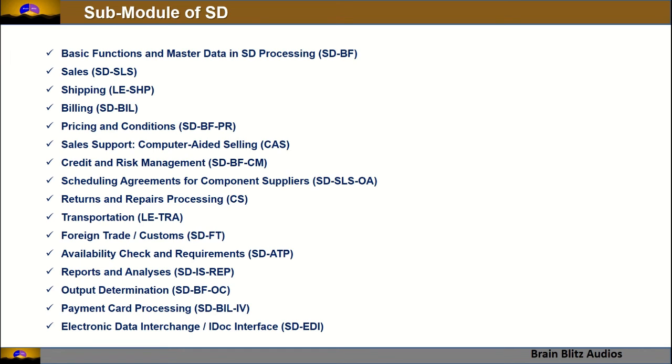Then we have the next submodule, which is scheduling agreement for component suppliers. For example, you are selling a product, say spare parts. Instead of going every time to create one order for small items like screws, you come to an agreement with the customer.